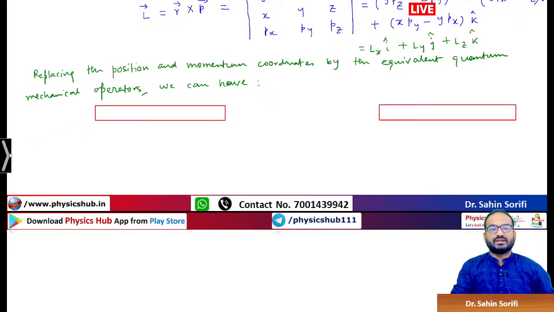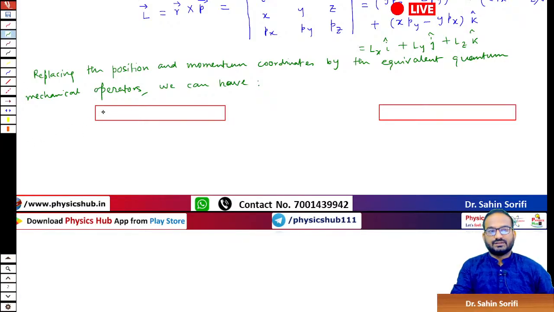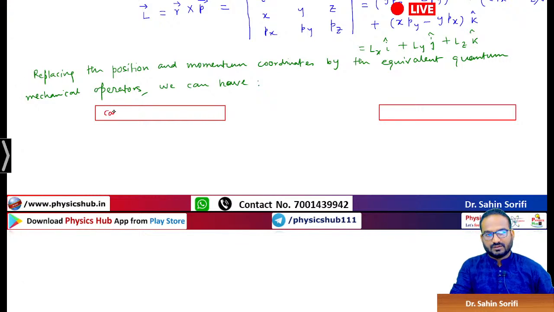Here we will be writing Cartesian coordinates. Here we will be writing spherical polar coordinates. Okay.